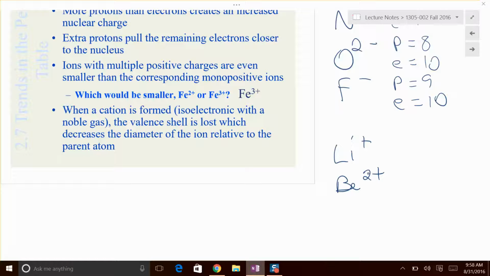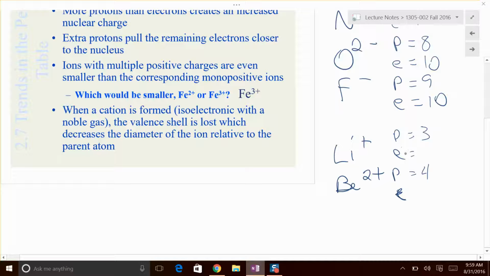Well, just that's the way the periodic table goes. Okay. So that's true. But let's consider this. Look at lithium, protons and electrons. How many protons are in a lithium? How many in beryllium?